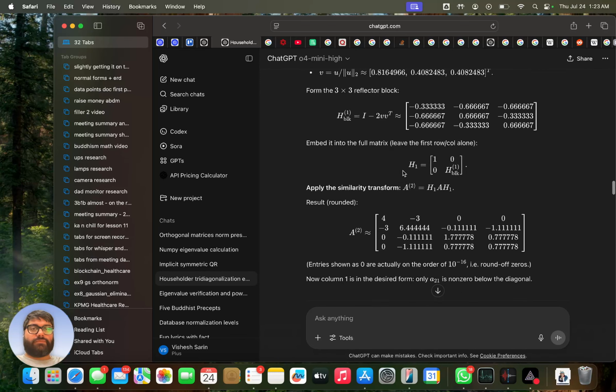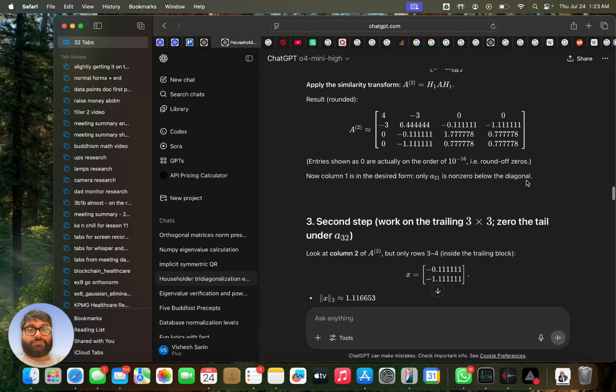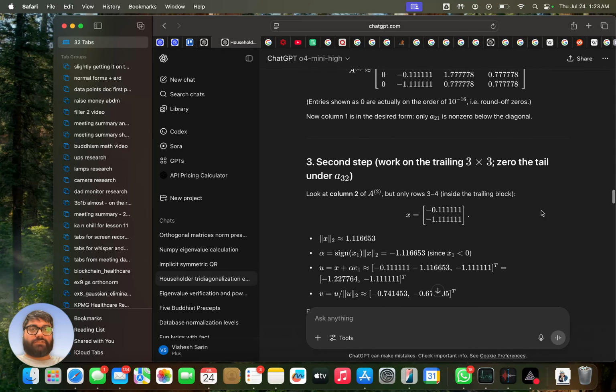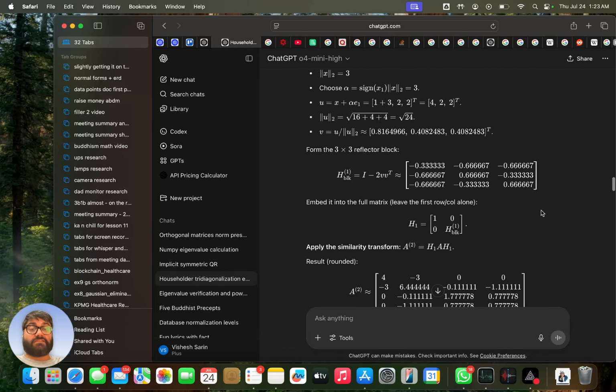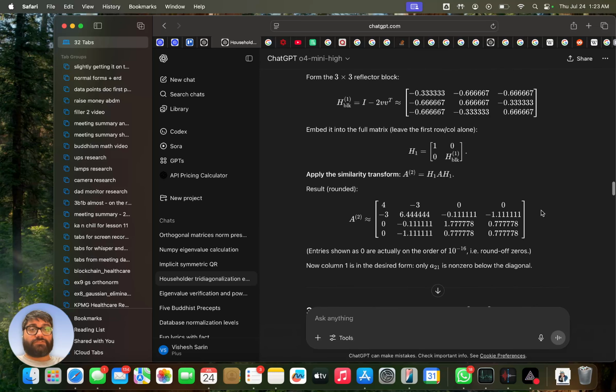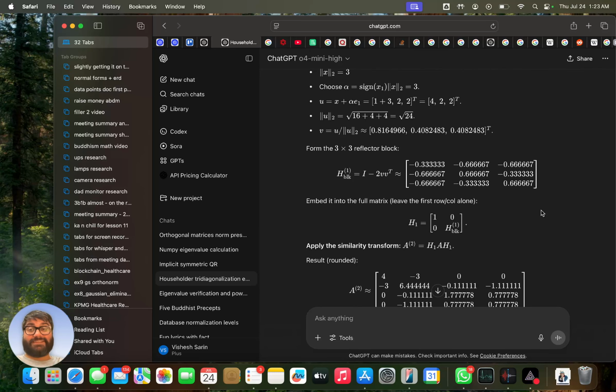You do the new reflector times the original matrix times the new reflector to get the new matrix for the next step, and you keep doing this till you get an actual tridiagonal. That's how you do Householder tridiagonalization, by my understanding. Hope that's correct.